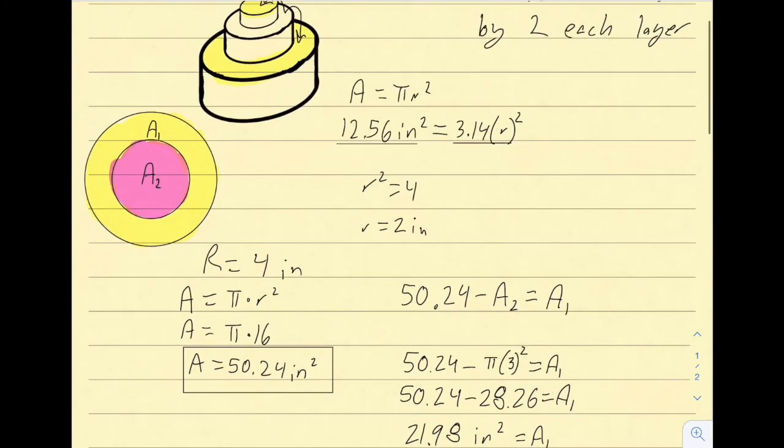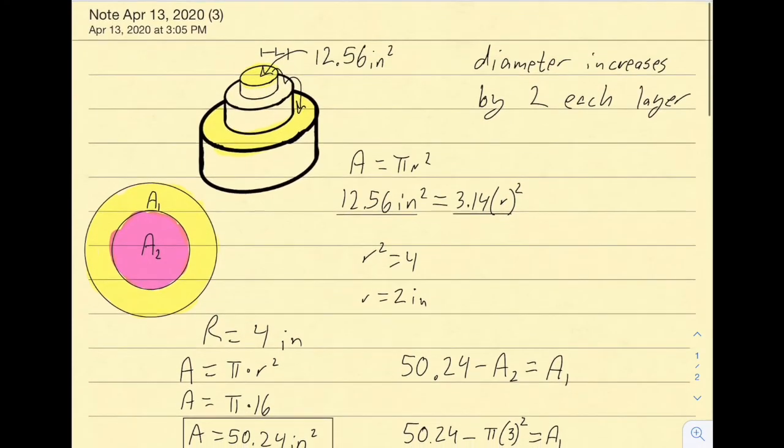So let's look at our strategies. We started with what we knew. We knew this area. From that, we found this radius here. From that radius, we found this radius, the whole radius of the bottom section. With that, we were able to find the area of the entire cake, including the part that was sitting on it. So that's where we got this 50 from.